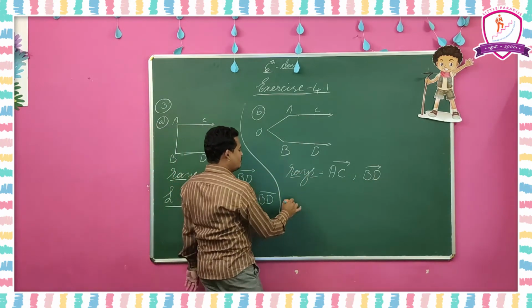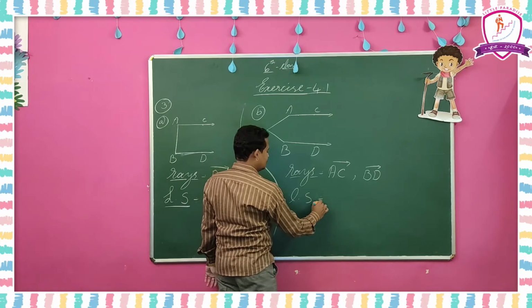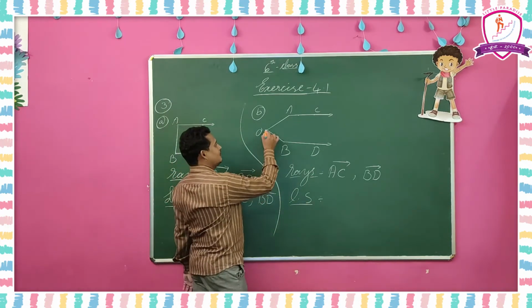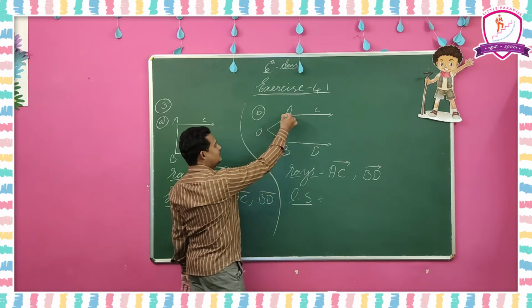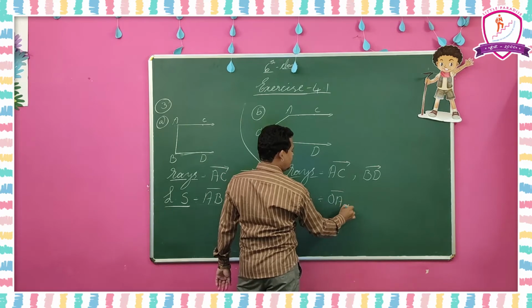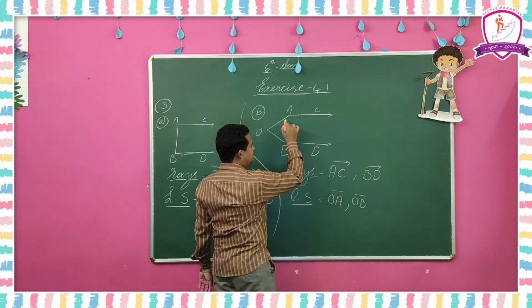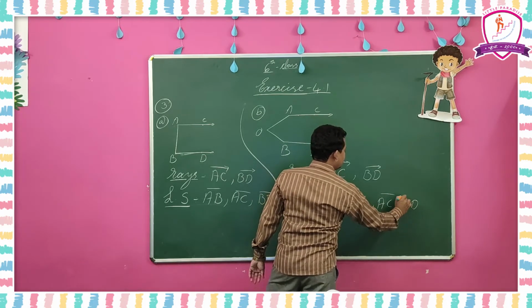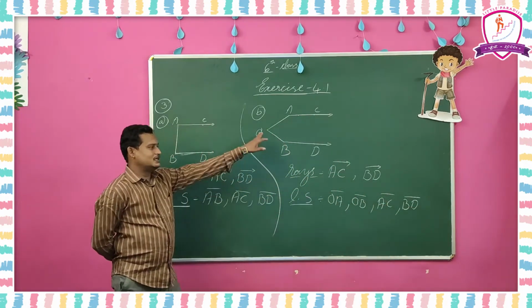So here how many line segments? For a line segment, 2 endpoints will be there, one starting point and one ending point. Here OA is a line segment, OA and OB, AC and BD. Here 4 line segments are in the given figure.